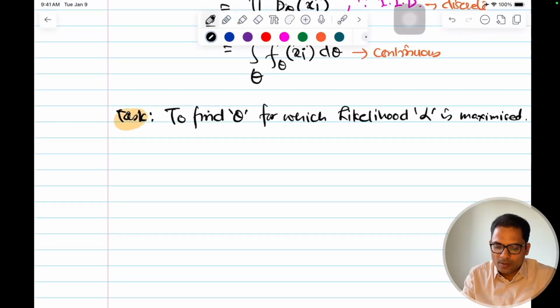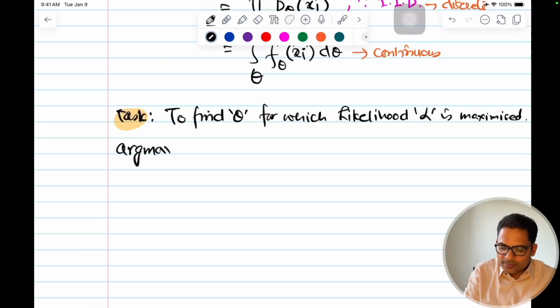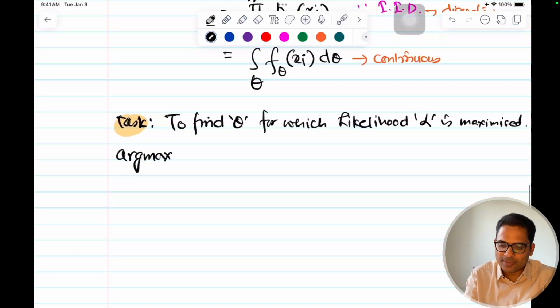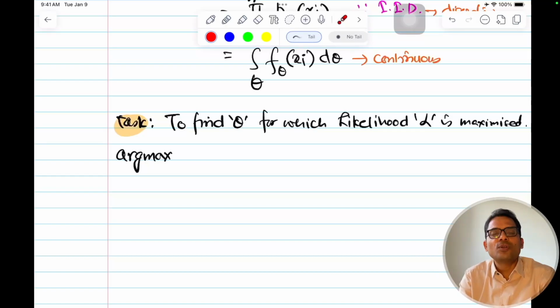Whenever we talk of maximizing something, how do we do it? That becomes an optimization problem. I also have another video on calculus, and I'll put the link if you don't understand. Whenever we want to maximize or minimize something, that comes from calculus. We want to find the maxima or minima of that function.